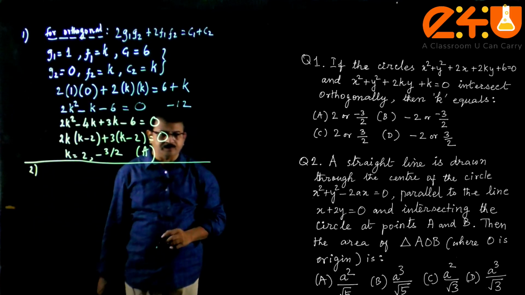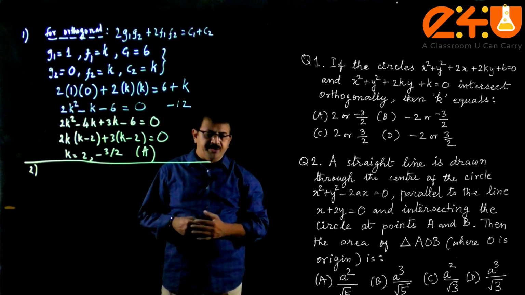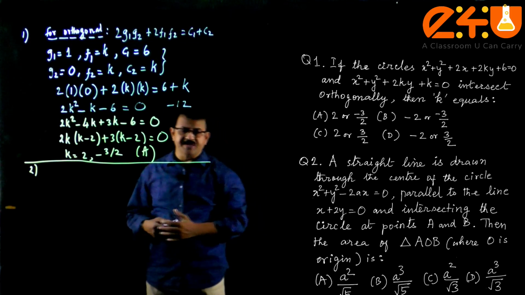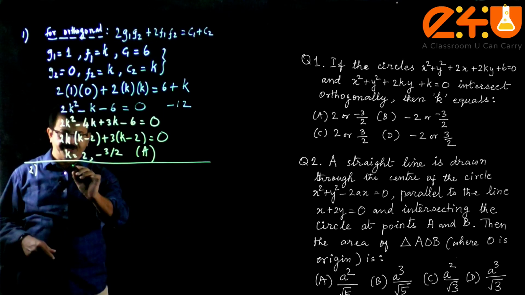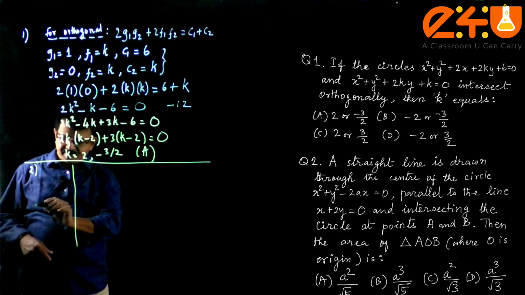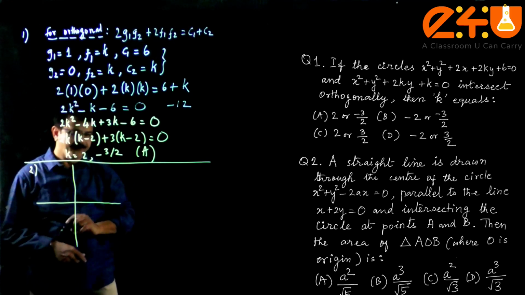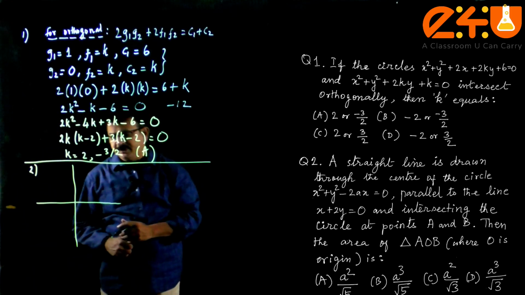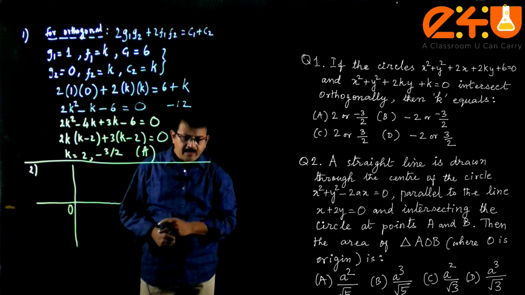Well, question number 2. A straight line is drawn through the center of the circle x squared plus y squared minus 2ax equal to 0. I am making a rough drawing of the circle here.